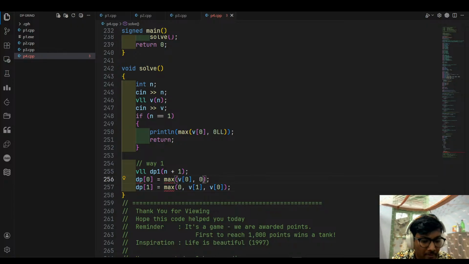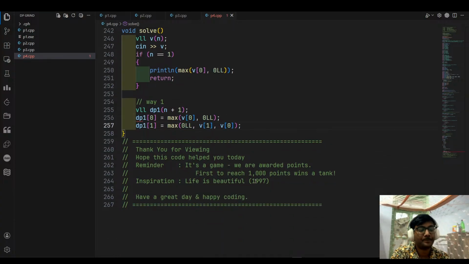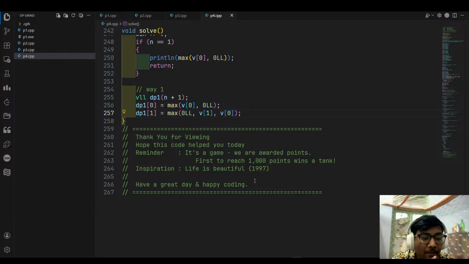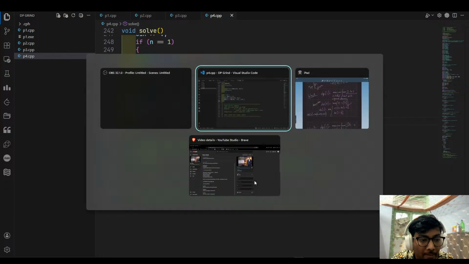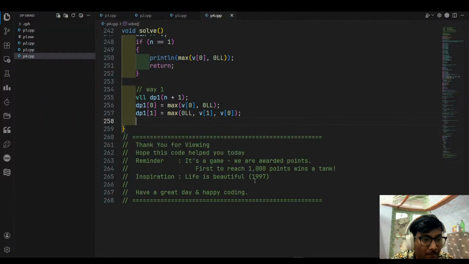I think I should say dp1. So we have kind of defined our base cases. Now, since we are only dependent on i minus 1 and i minus 2, maybe start from the second. So for loop i from 2 to n minus 1.